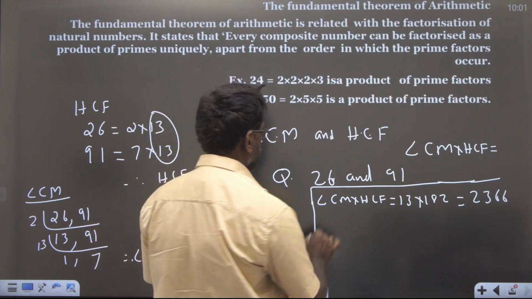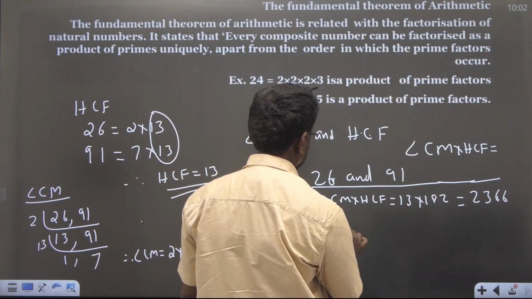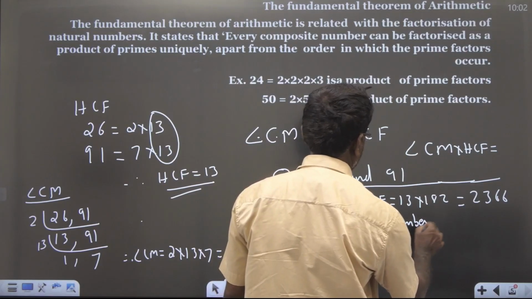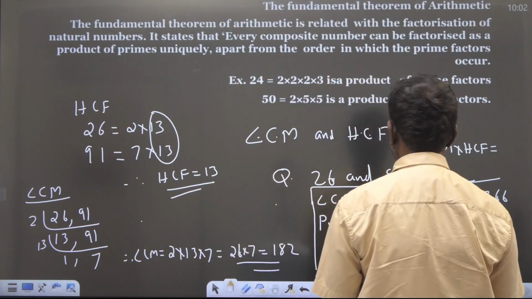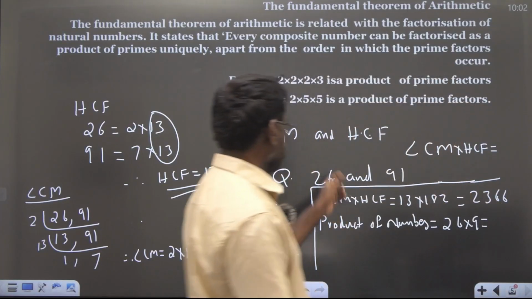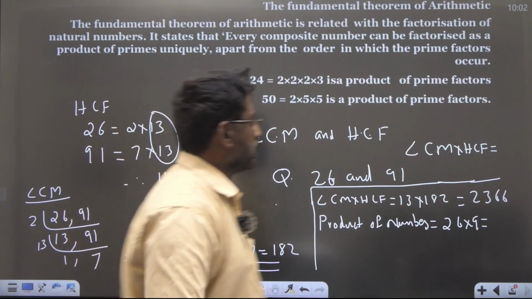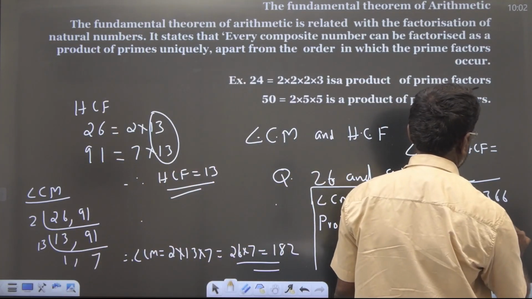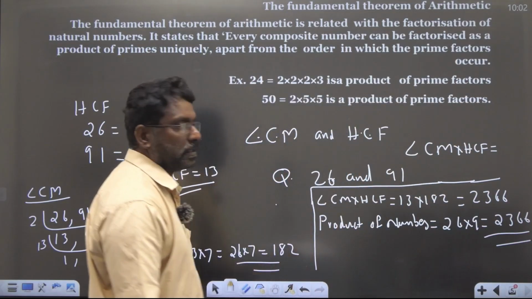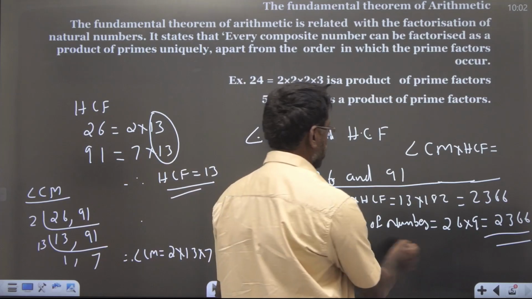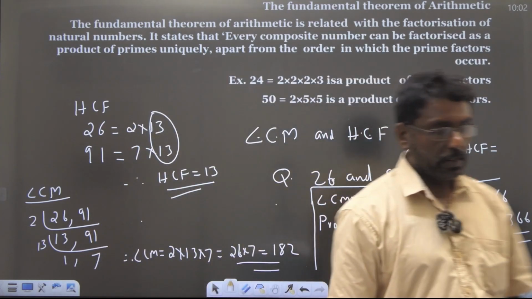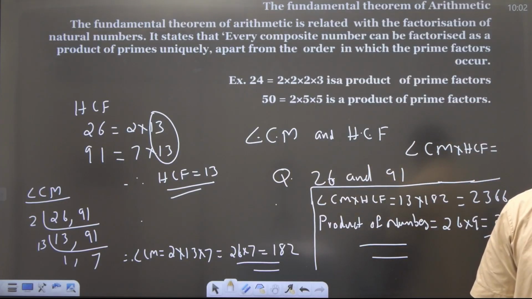And the product of the given numbers is 26 into 91, which is again 2366. So it is correct. Verified: LCM into HCF is equal to the product of the given numbers.